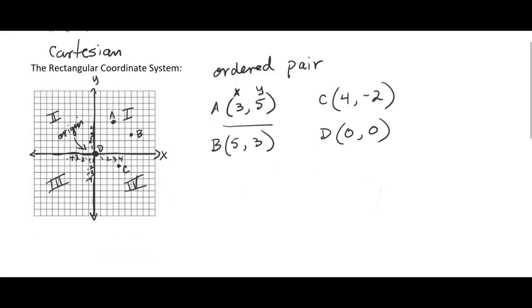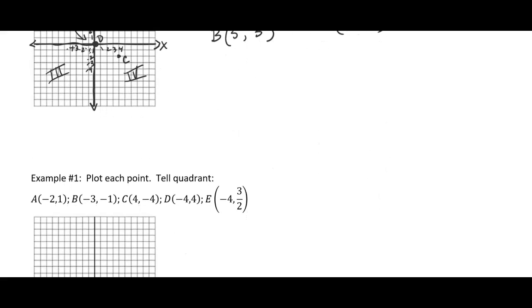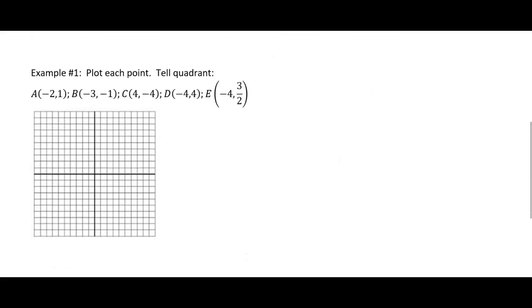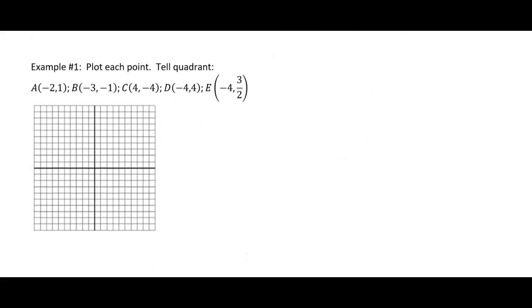Now, I have another example, so we can do some more of this. Tell each point and tell what quadrant the point is in. Okay, so the first one is A, and it's (-2, 1), so you're going to go left 2 and up 1. I don't always draw all the numbers in because they get in my way.